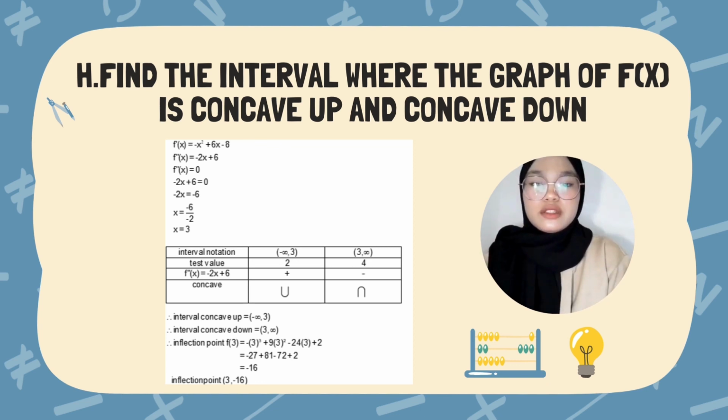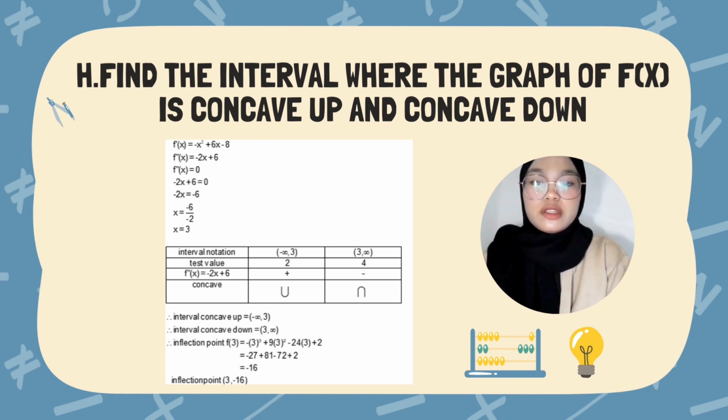So to find whether it is concave up or concave down, we are using a table. By using the inflection value, we set the interval notation from negative infinity to 3 and 3 to infinity. The test value for negative infinity to 3 we are using 2, and for 3 to infinity we are using 4. Sign of f double prime x equal to negative 2x plus 6.